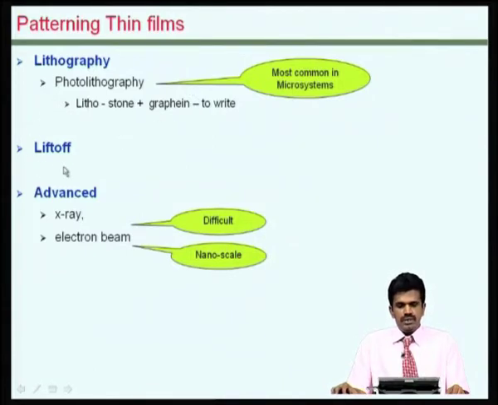There is a variant of the approach, with some significant changes in the process steps, called the Liftoff process, and we will describe this a little later in this lecture. There are also other advanced techniques based on electron beam or X-ray for specialized applications, especially for high precision geometries to be patterned.